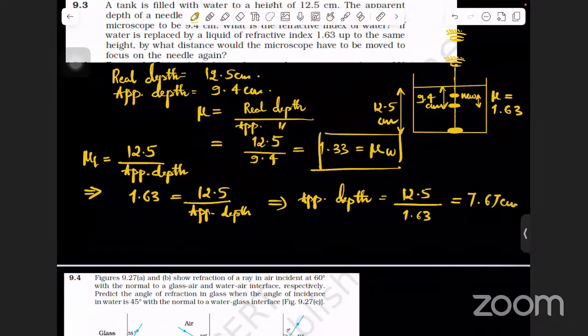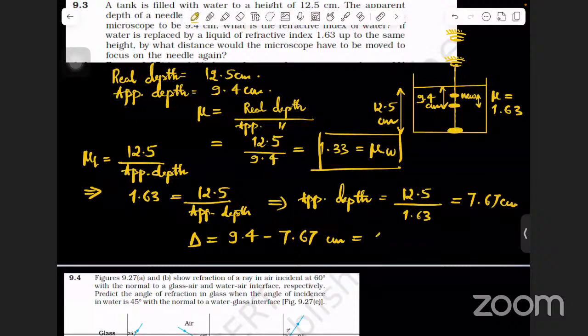So the question doesn't end. We have to find the distance through which the microscope has to be moved. So the difference would be the new apparent depth minus the initial apparent depth. The new apparent depth is 7.67, initial is 9.4. So the difference is 9.4 minus 7.67 centimeters, which is 1.73 centimeters.